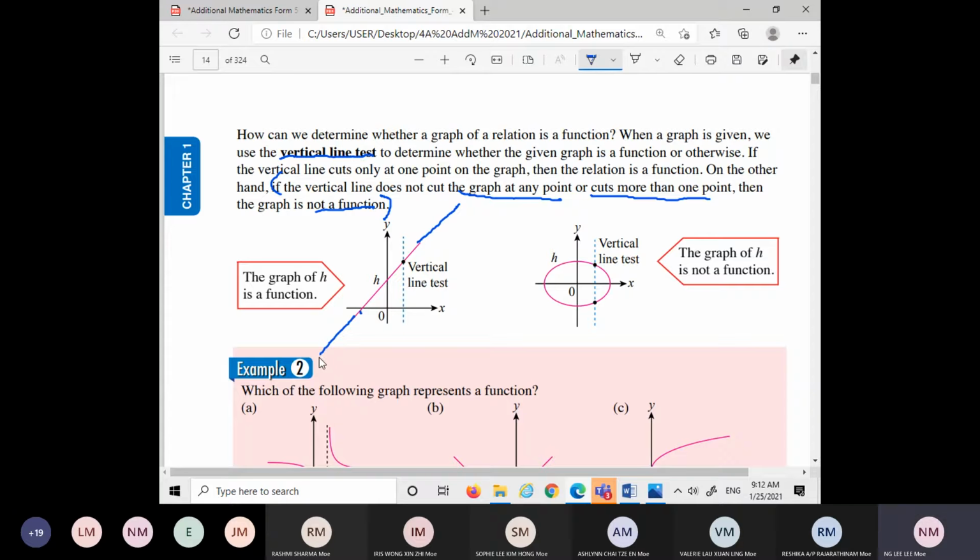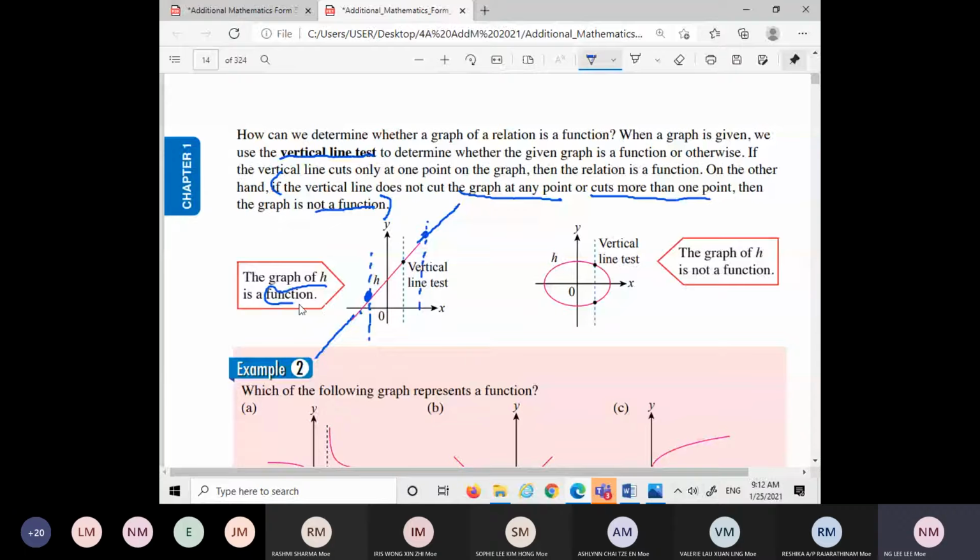So you draw a vertical line, any place. We come to this.